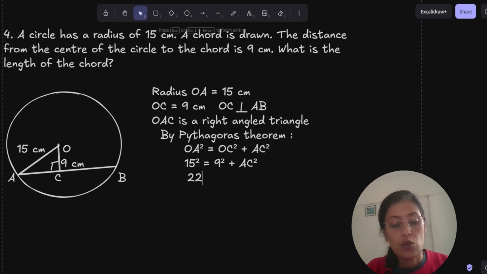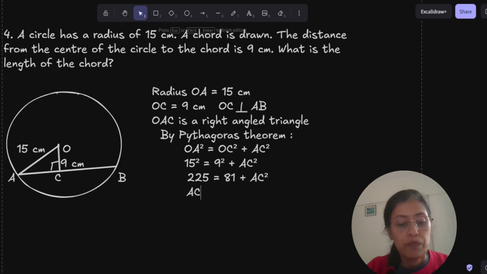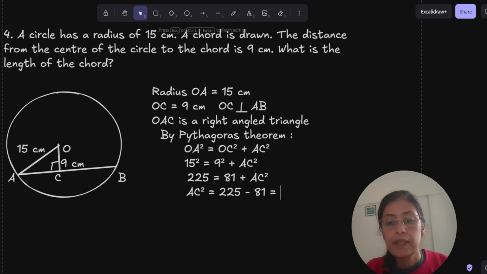So 15 square is 225 equal to 9 square is 81 plus AC square. So AC square is equal to 225 minus 81, which is 144.